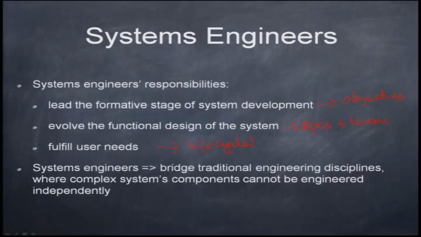So, they bridge the traditional engineering disciplines. So, systems engineers are to a large extent jack of all trades, master of none kind of a thing, where their major aim is to engineer complex systems, where it cannot be engineered. Such a complex system has so many diverse technological skills necessary, so that they cannot be engineered independently.